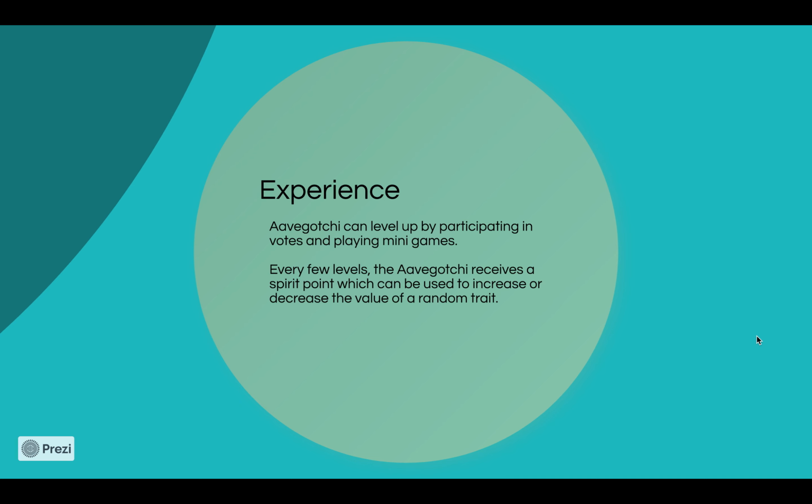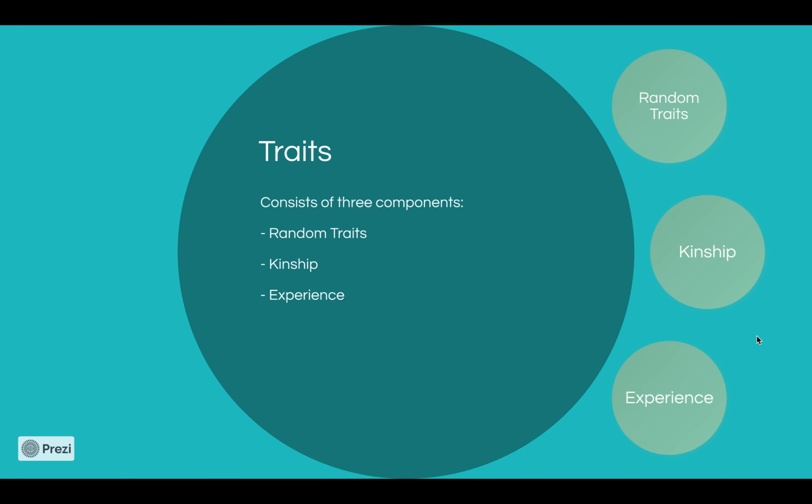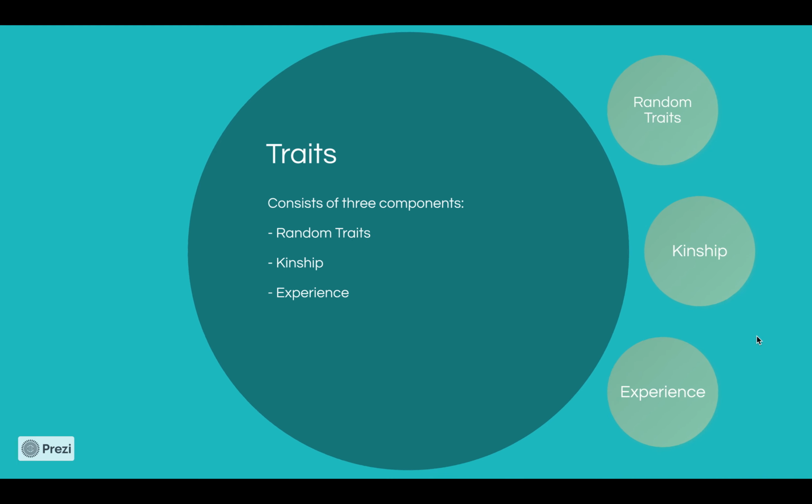So even though random traits are given by birth, they can still be influenced later on by participating in the community and within the different projects. So those are the different traits made up of random traits, kinship, and experience. We're going to come back to them briefly at the end on the rarity part.